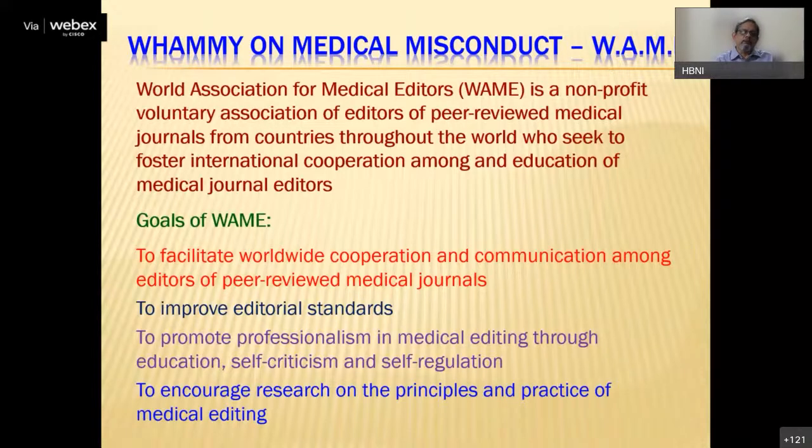And they also would like to encourage research on the principles and practice of medical editing. So this was WAME, very specific to medical journals. Whereas the earlier one, COPE, encompasses almost all varieties of journals in different research areas.